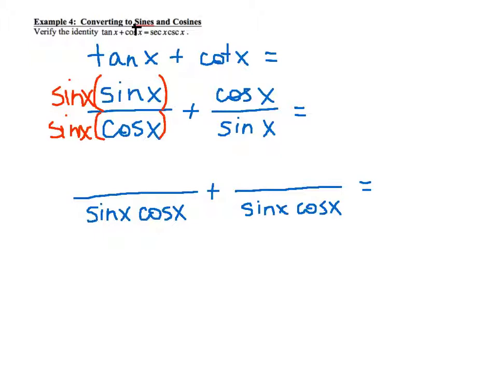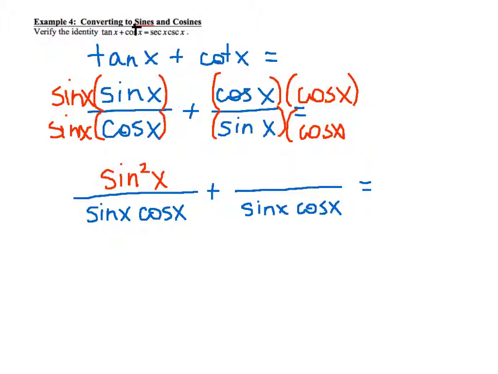And when you do that, what you get on the top is a sine squared x. And then on the right, what you're missing is a cosine of x. So you multiply those together, you get a cosine squared x on top.